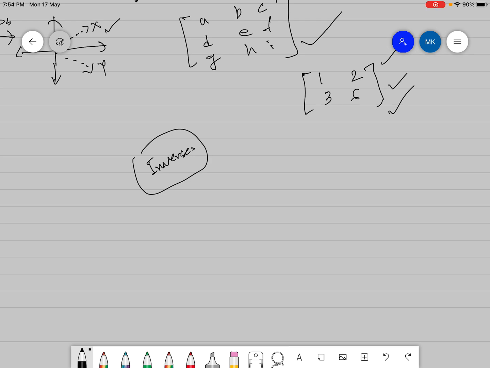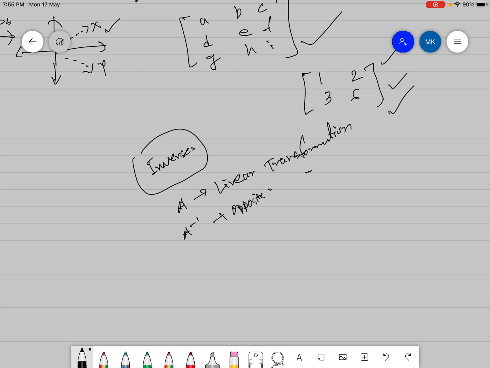For inverses, whatever linear transformation a matrix A does, A inverse does the opposite linear transformation.